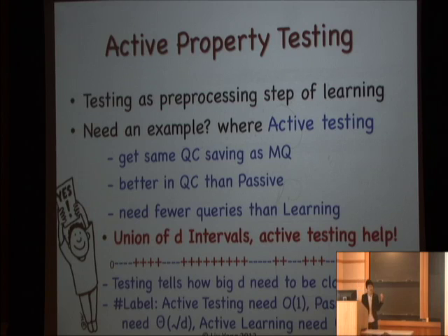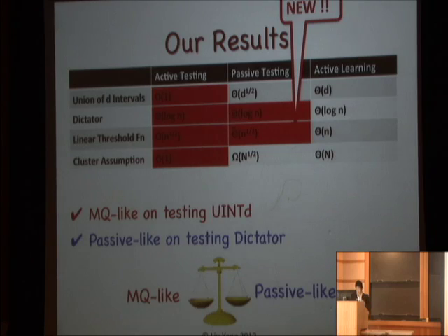For example, later on I will show you that active testing union of d intervals can be done with order 1 label requests, whereas it is known to require omega square root d samples for passive testing by the birthday paradox, and it requires omega d for learning. So I will show a number of properties important for learning can be tested with substantially fewer queries in our active testing model than is needed for learning or passive testing.